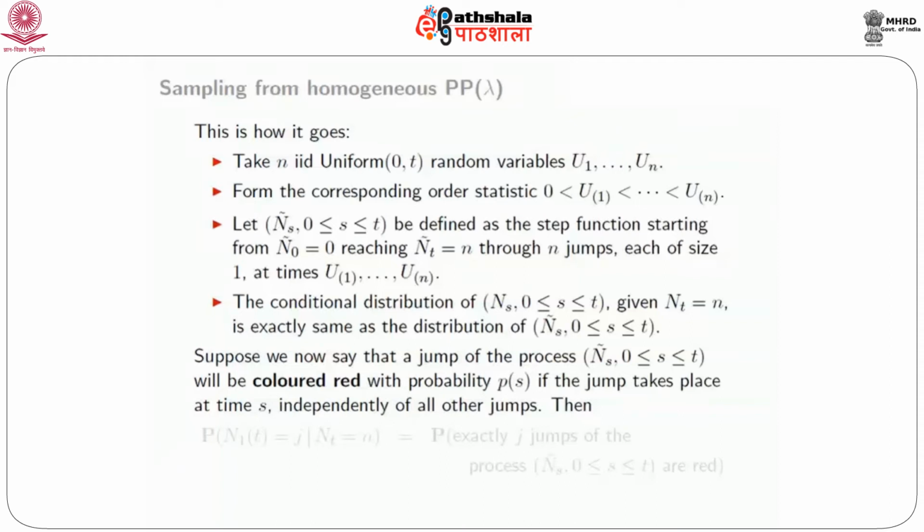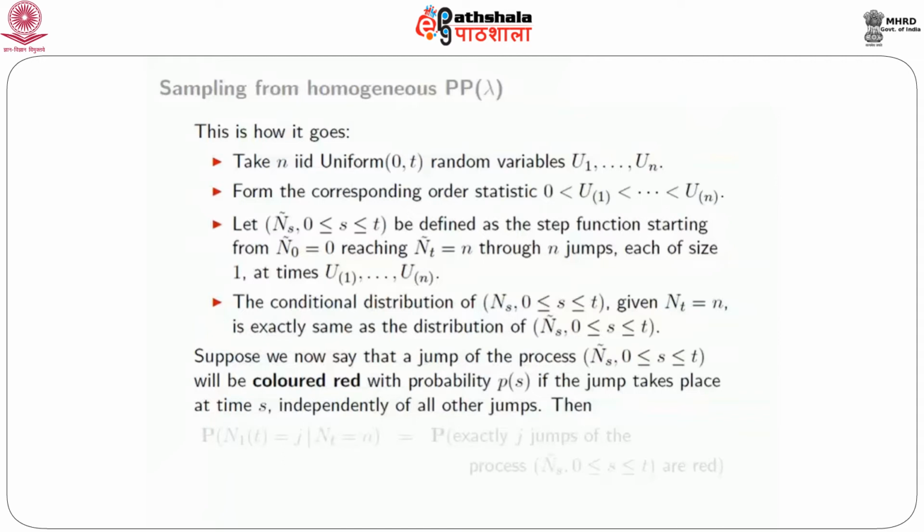We now say that a jump of the process N tilde_s is colored red with probability p_s if the jump takes place at time s, independently of all other jumps. From what we have just said, the conditional distribution of the N_s process conditioned on N_t equal to n is exactly the same as the distribution of the process N tilde_s that we have constructed.